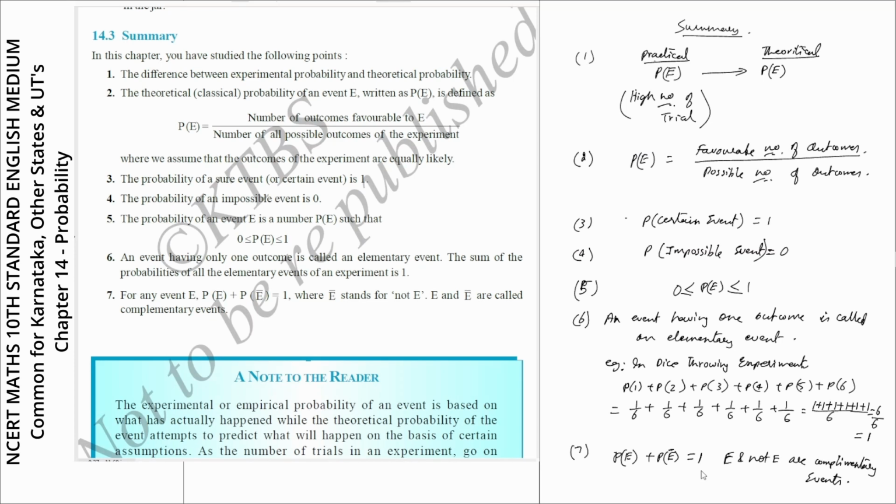Whenever we get head, we can't get tail. Whenever we get tail, we can't get head. That's why getting a head and getting a tail are complementary events to one another. So the sum of probabilities of complementary events is equal to 1, and that completes the summary and this chapter.